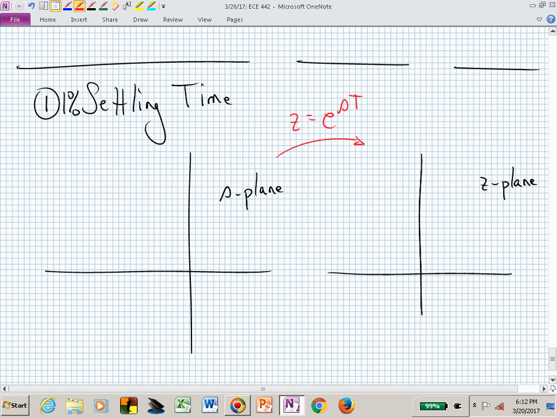Suppose now that I have two different locations. Maybe I have a green line and a blue line, where the blue line, let's say, corresponds to the dominant poles having a real part of magnitude sigma sub 2, and the green poles having a real part sigma sub 1.